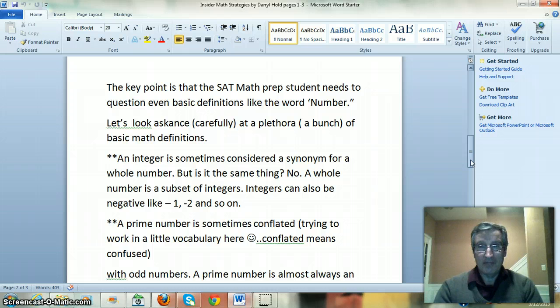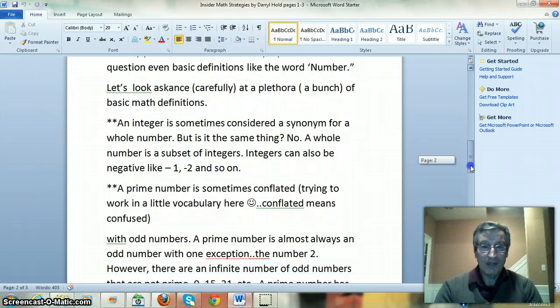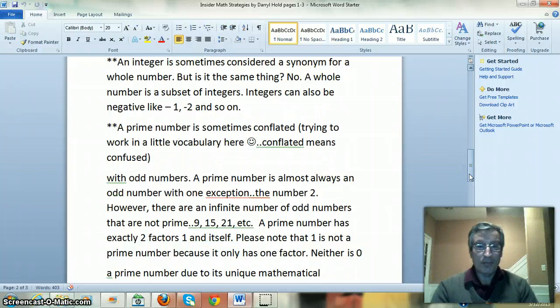I believe that cross-pollination between the subjects anchors its stride. So conflated means confused. A prime number is sometimes conflated with odd numbers. A prime number is almost always an odd number with one exception, the number 2. Beyond the number 2, all even numbers are not prime because they're divisible by 2.